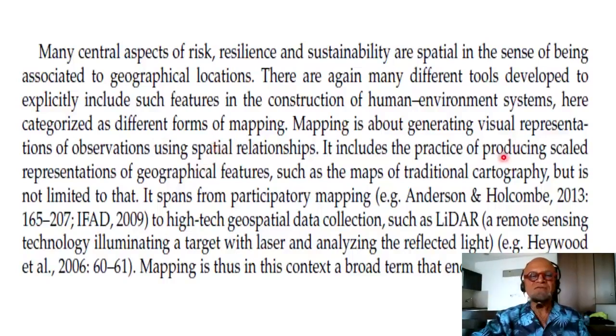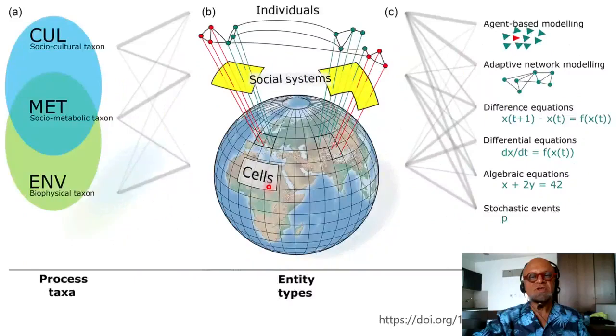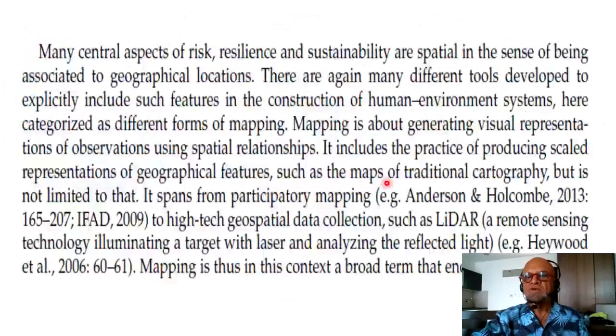Mapping is about generating visual representations of observations using spatial relationships, which is obvious here. It includes the practice of producing scale representations of geographical features, such as the maps of traditional cartography, but it's not limited to that. It spans from participatory mapping to high-tech geospatial data collection, such as LiDAR, which is a remote sensing technology illuminating a target with laser and analyzing the reflected light.